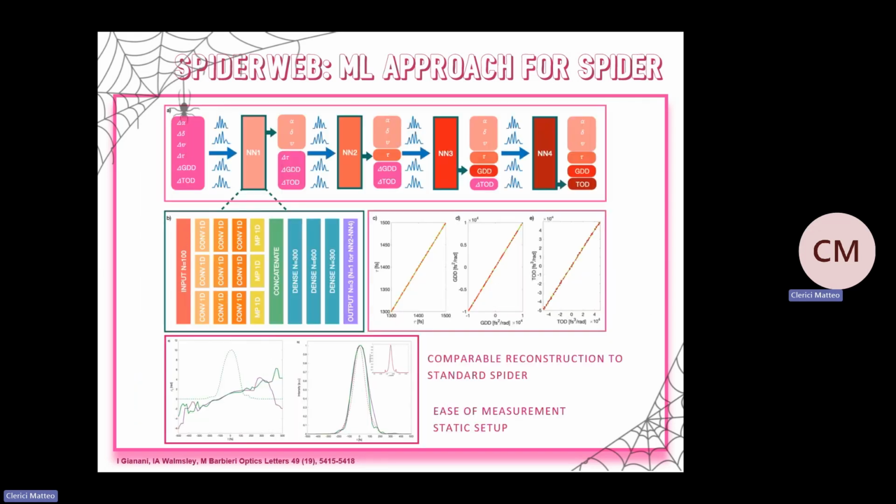So the way we went forward with it is that you have a cascaded neural network system. All these neural networks, there are 4 of them here, have the same structure, which is a bunch of convolutional layers and then a bunch of dense layers. And the trick is that you basically start with all your parameters, the 6 parameters I showed you, varying in a range that you decide, which makes sense for what you have.